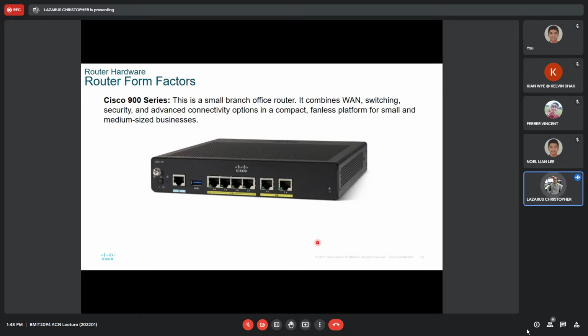If you ever come and visit our Cisco lab, you can see that, very similar to this, our hardware router is quite small in size. It's small because there is no need to connect hosts to the router. It connects to another router and to a switch, so it does not need too many ports.